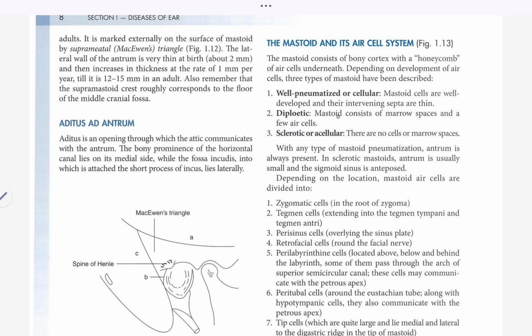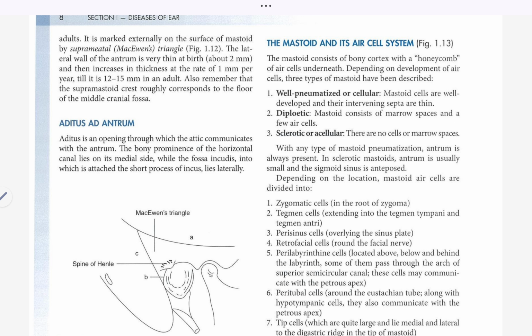Diploetic, where the mastoid consists of marrow spaces and few air cells. Sclerotic or acellular, where there are no cells or marrow spaces. With any type of mastoid pneumatization, the antrum is always present. In sclerotic mastoids, the antrum is usually small and the sigmoid sinus is anteposed.